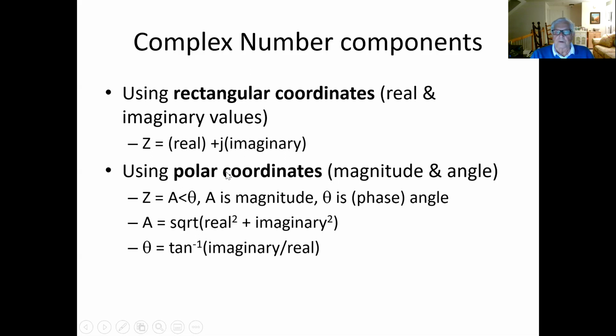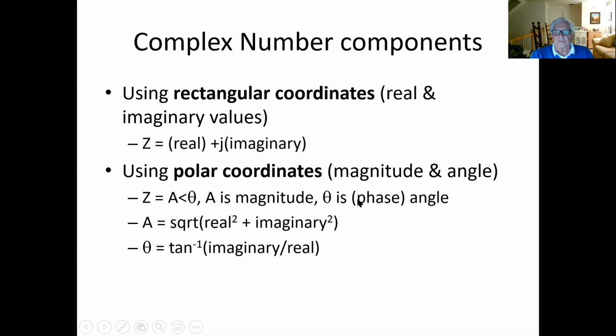If you remember, polar coordinates use a magnitude and an angle, and it's given by Z equal to A as a magnitude, and that stands for the angle.